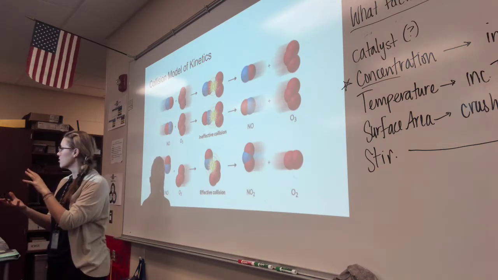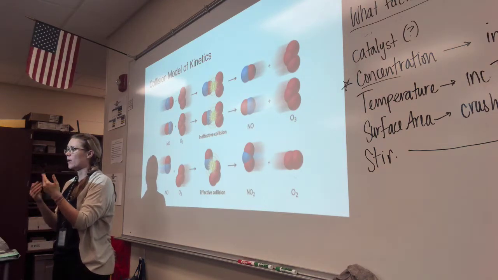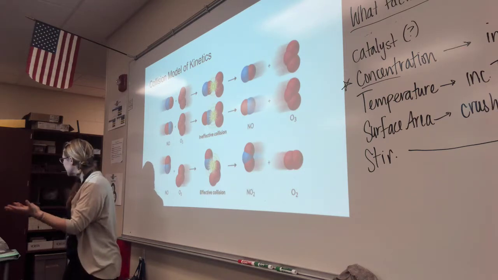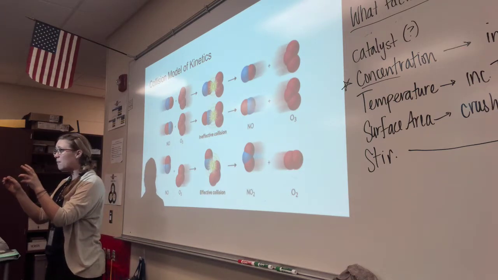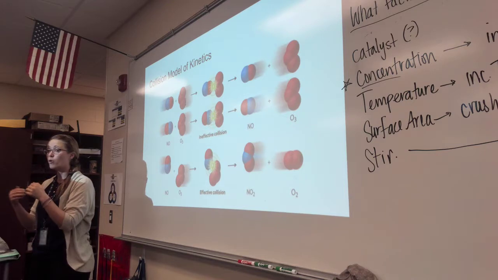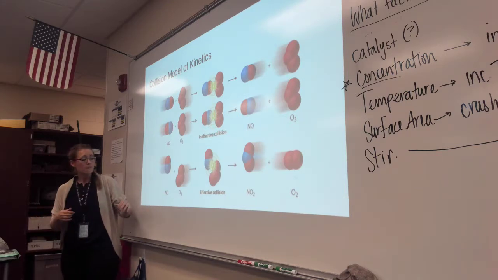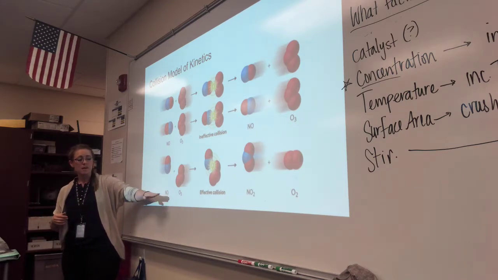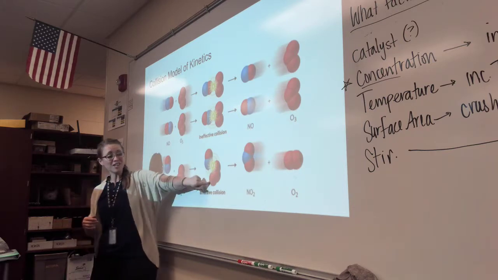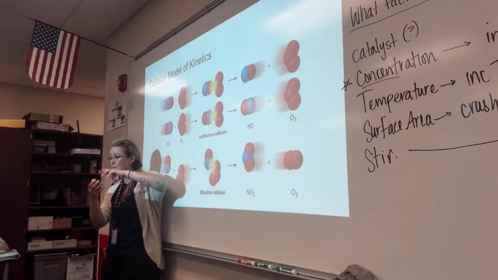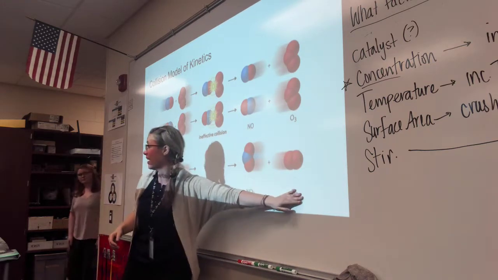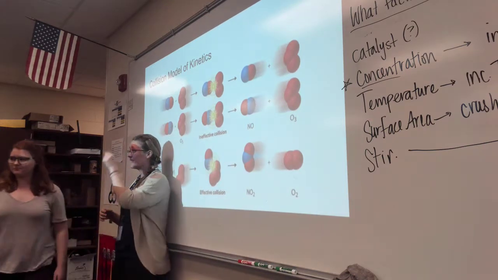So in biology, we learn about enzymes. We talked about locks and keys, that they have to be in the right shape and in the right position in order for the reaction to occur. So if nitrogen monoxide and ozone collide in the correct formation, we get nitrogen dioxide and oxygen gas. Yes, Zach. Ozone is O3. Yes.